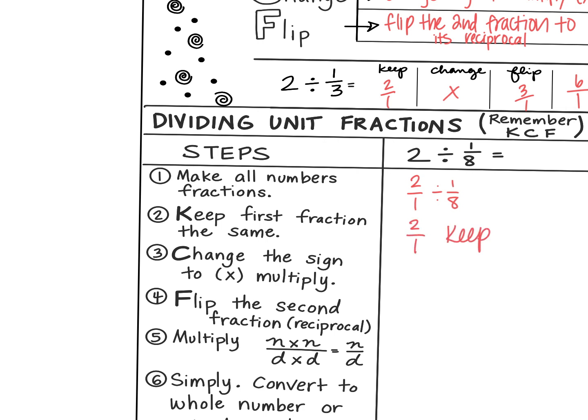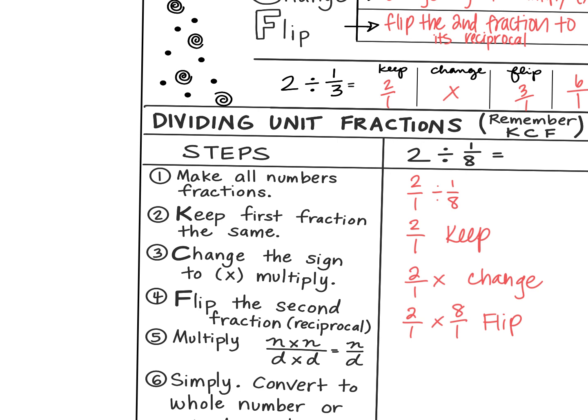This is my keep step. I change divide to multiply. So now it looks like this because I did my change step. I'm going to flip that second fraction. So now my fourth step looks like this, and I now have a problem I can solve.